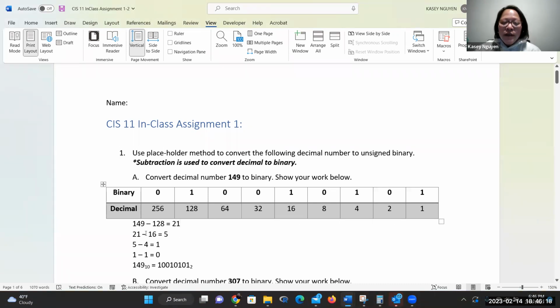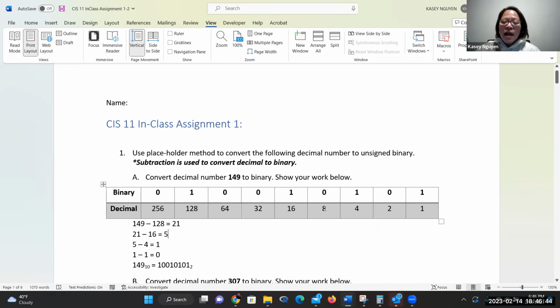Then 21, right? What's next is I cannot subtract 32, so I put a 0. And so I know that the next number I can subtract is 21 minus 16. So I put a 1 at the top and I'm left with 5. And you are going to subtract until you have nothing left.